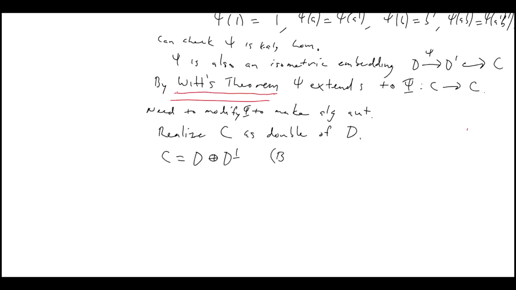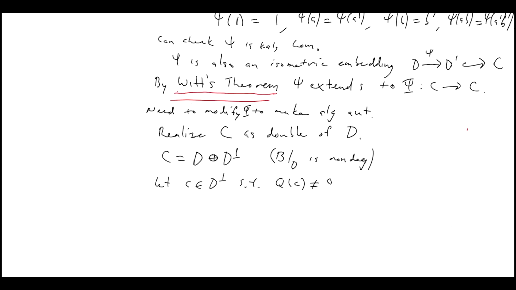B restricted to D is still non-degenerate. Now let me choose some element C in D perp such that the quadratic form is non-trivial.